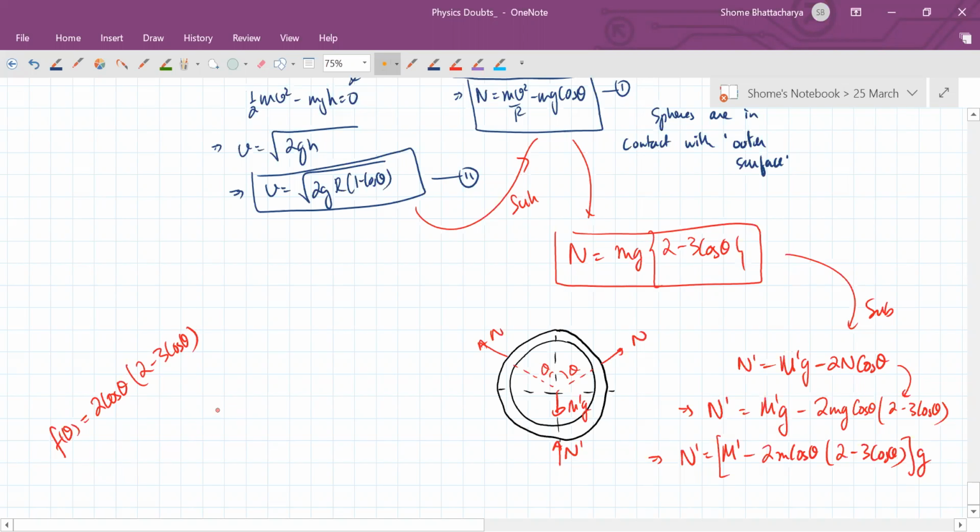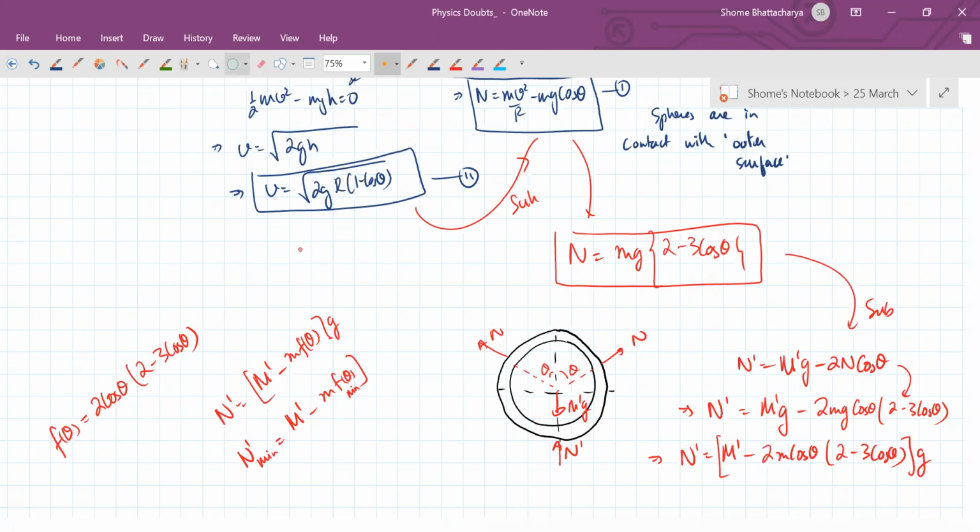So N prime is m prime minus small m into this function times g. So N prime's minima is this function's maxima, because you're subtracting it.